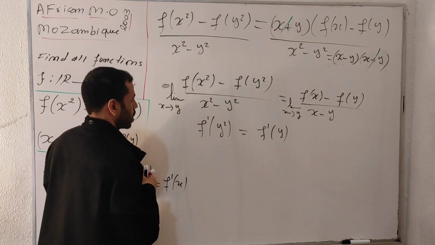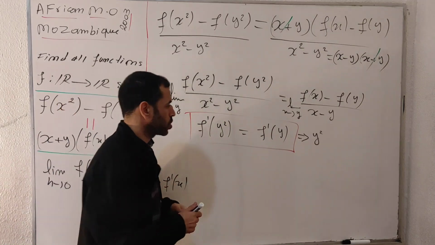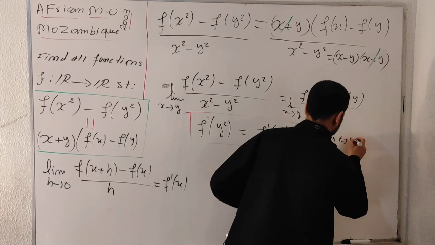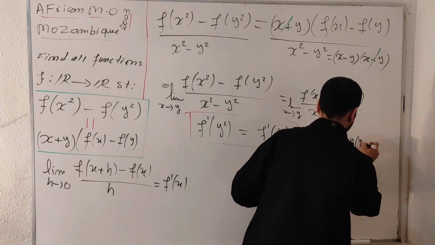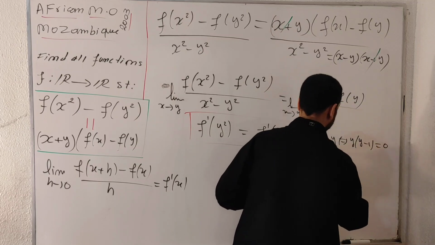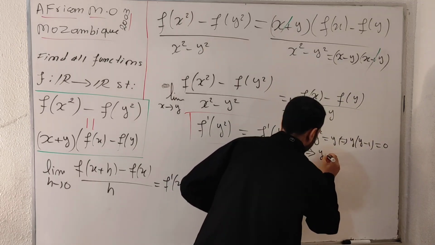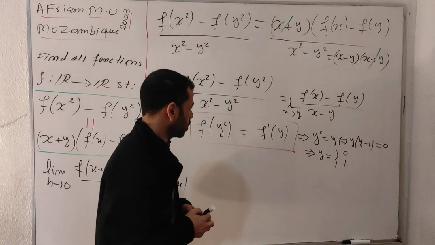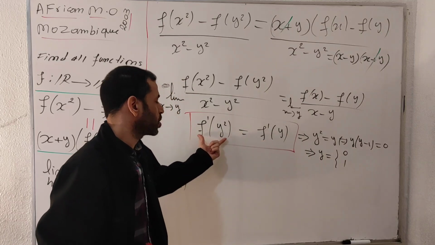Okay, so I have ended with this expression. This one is telling us y squared equals y, which is equivalent, by taking y to the left hand side, to y multiplied by y minus 1 equals 0. This is telling us y equals 0 or 1. What does it mean? It means this f prime is constant.